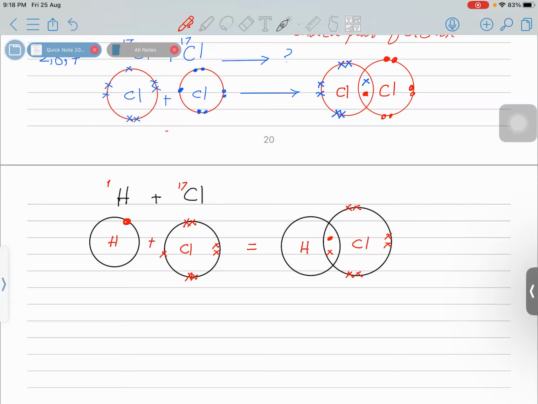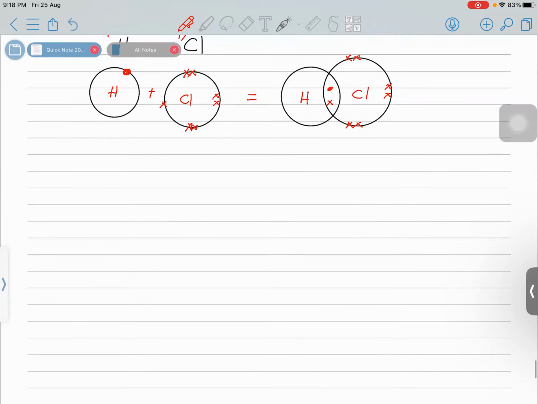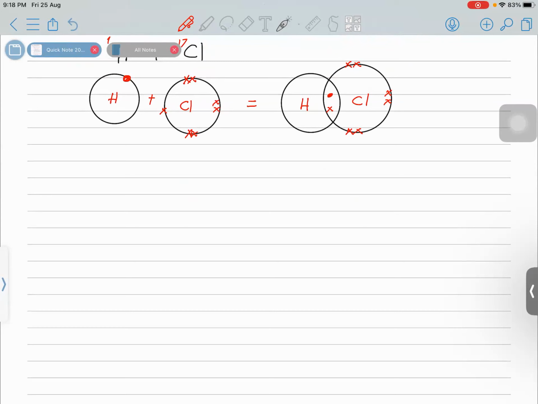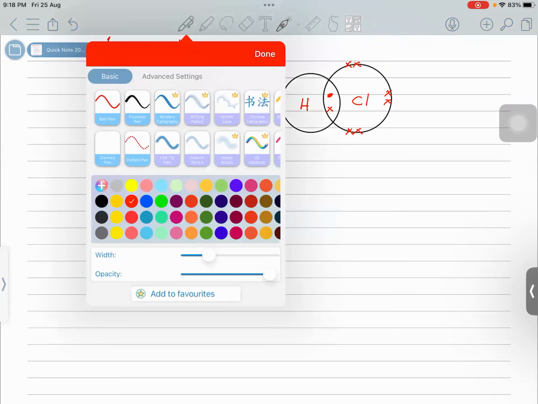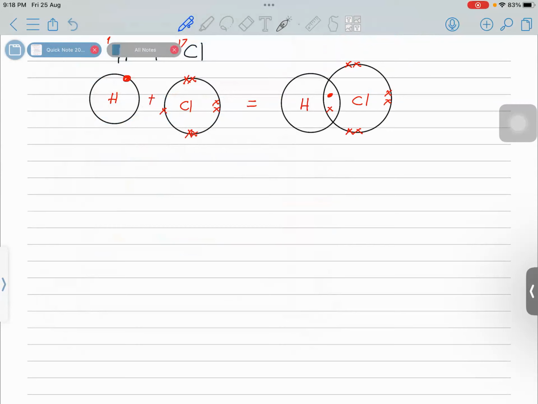Now I am giving you a task, right? Our first question of the task is water. Water is H2O. Draw the dot and cross diagram.